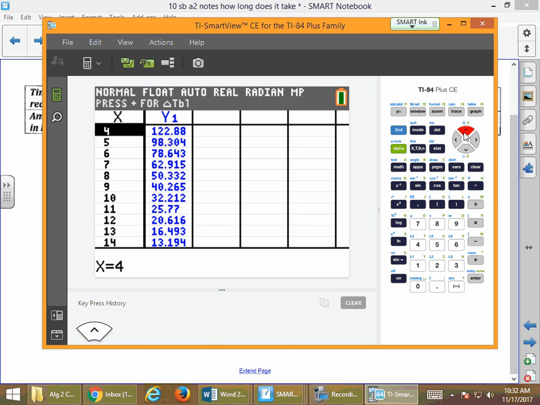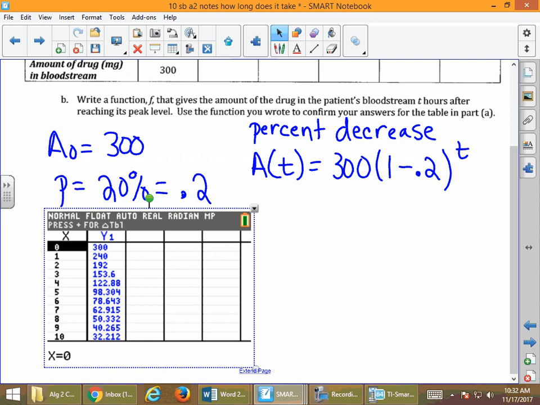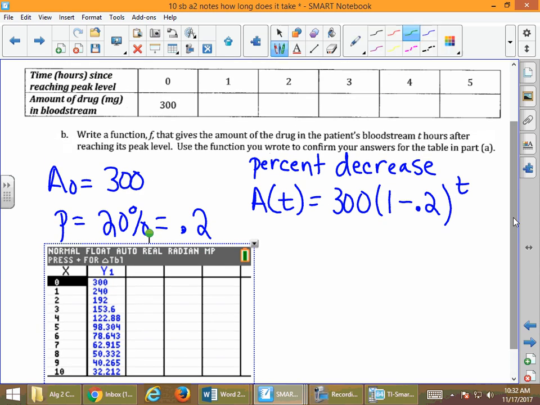And I need to scoot back there a little bit. And there we got it. And we can fill in these values into our table. So we see 0, 300. Then we see 1, 240.